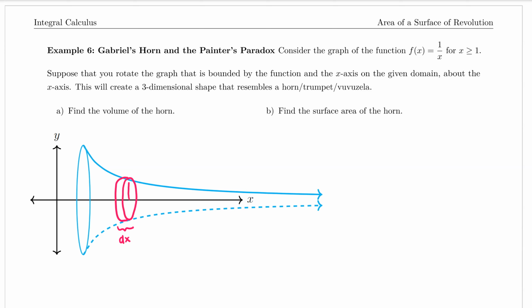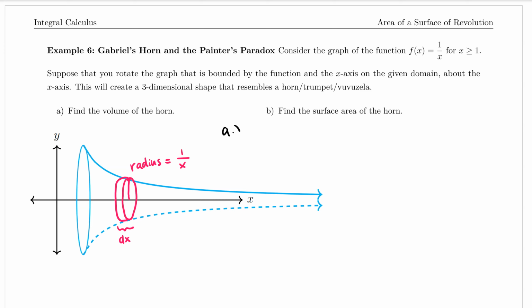And the radius of this disk is going to be the y value of the function. But because our cross sections are stacked side by side, we're going to be integrating with respect to x, so it would be helpful to think about our radius as, instead of y, 1 over x.